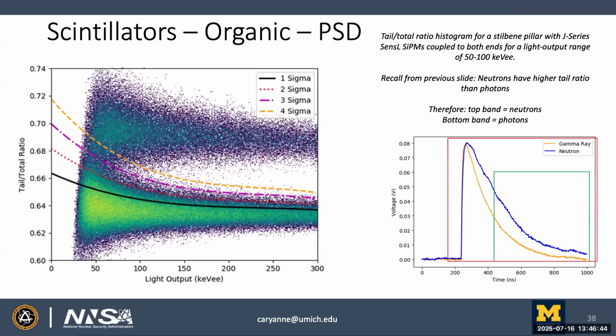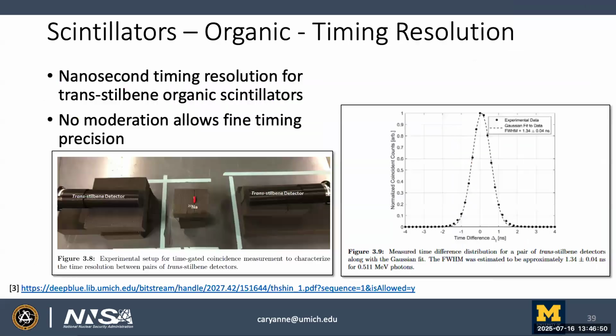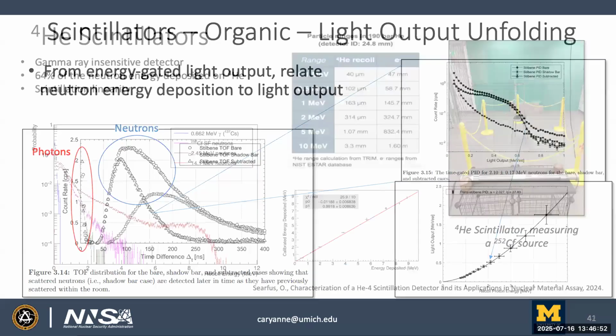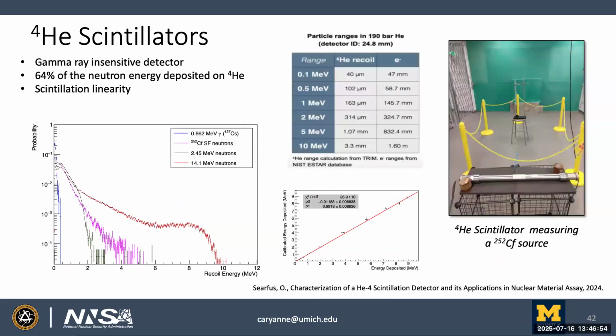Right, thank you. There's another question on helium-4. Considering that helium-4 scintillators are gamma insensitive and deposit a significant fraction of neutron energy, how might we further optimize their geometry or pressure conditions to enhance discrimination between neutron energy spectra, particularly for applications in high background environments like nuclear safeguards?